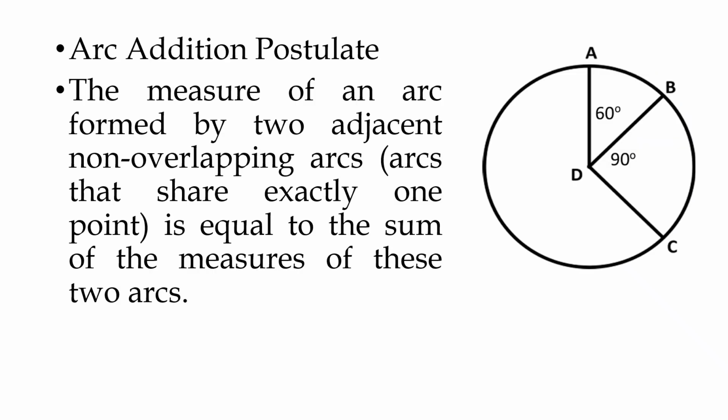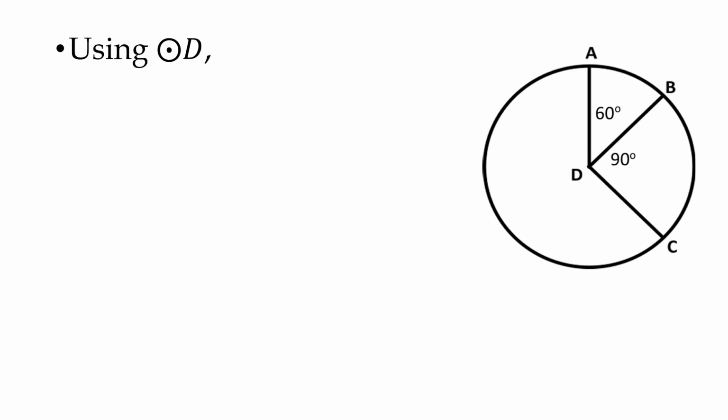Next, let's proceed with the arc addition postulate. It says that the measure of an arc formed by two adjacent non-overlapping arcs, or arcs that share exactly one point, is equal to the sum of the measures of these two arcs. For example, if we use circle D here, we're going to find arc AC.